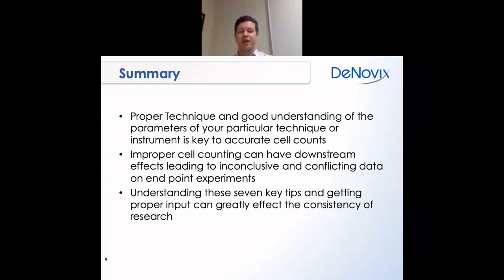You can end up having inconclusive and conflicting data on your experiments if you don't make sure that the input that you're putting into that experiment is good. So understanding these 7 key tips, they're simple things. Really, once you know them, once you understand them, they kind of become second nature, but they can greatly affect the consistency of your research, leading to much better data coming out of it.